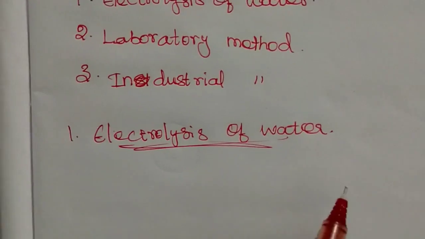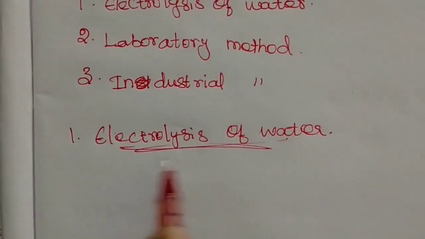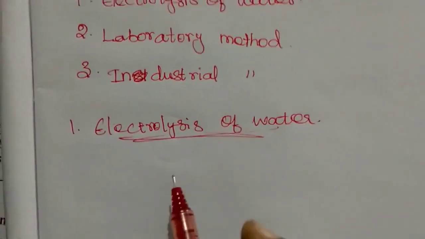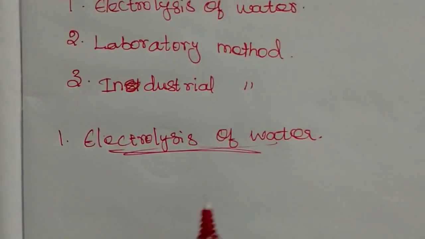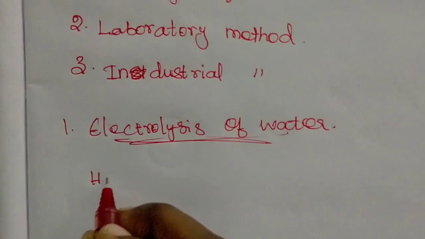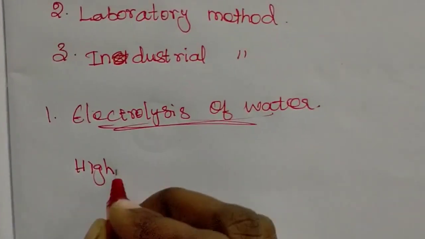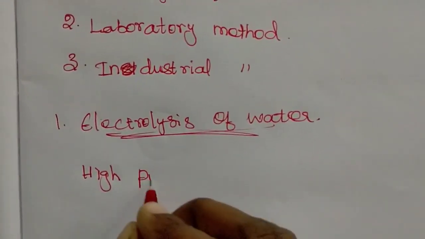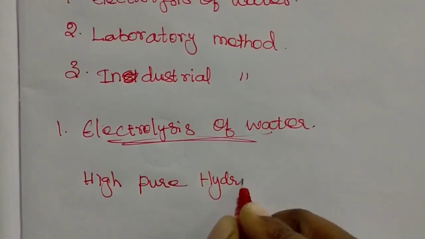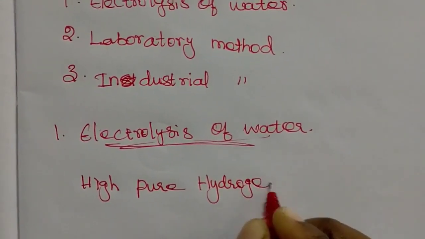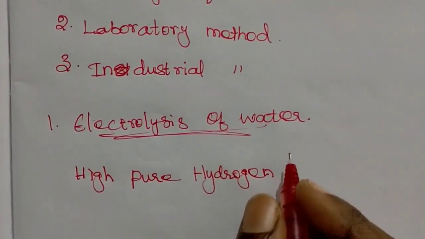The first preparation of hydrogen is electrolysis of water. As I already told you, by this method you can get the highest pure hydrogen.